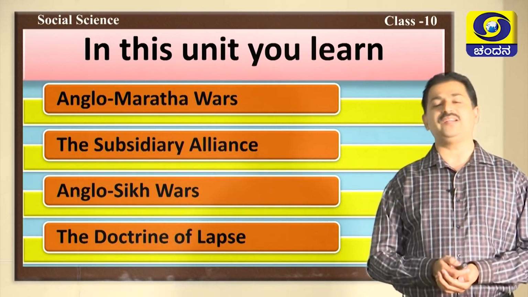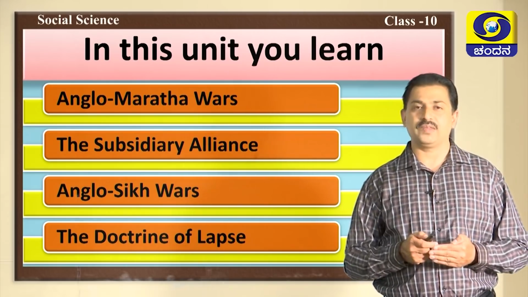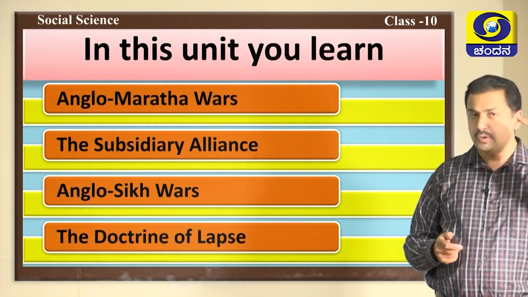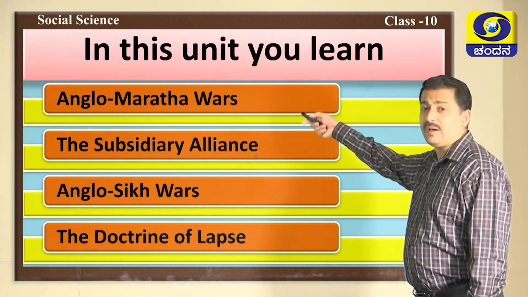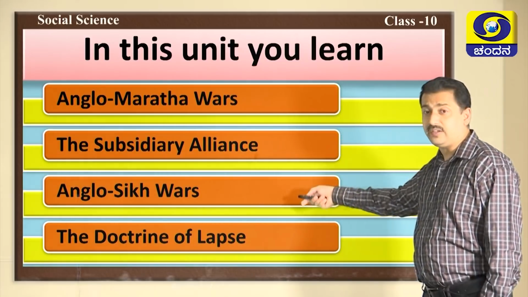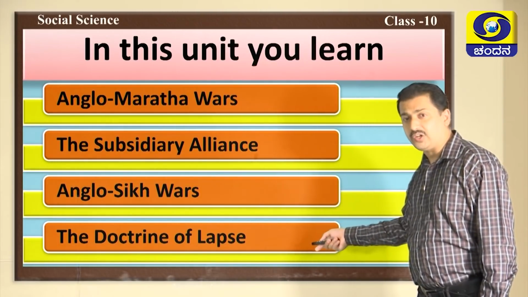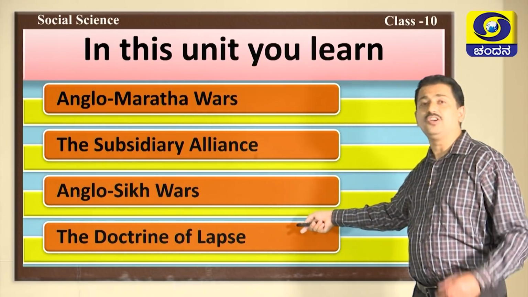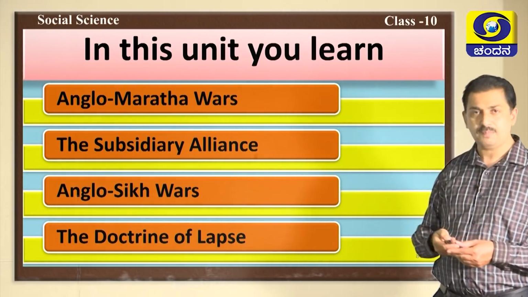In this unit, lesson number 2, the extension of British rule in India, you are going to learn Anglo-Maratha Wars, the Subsidiary Alliance, Anglo-Sikh Wars and the doctrine of lapse. All these are the subtopics you are going to learn in this chapter.